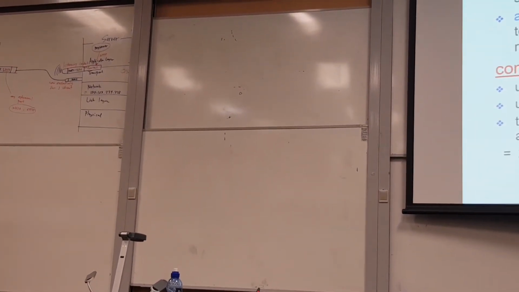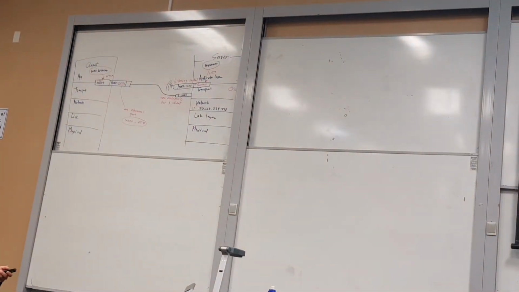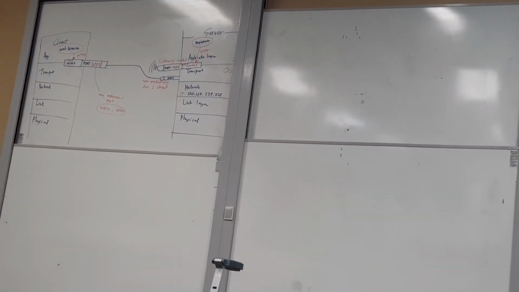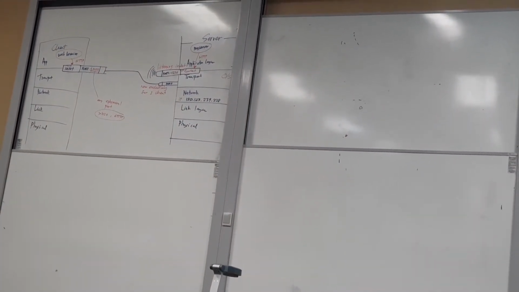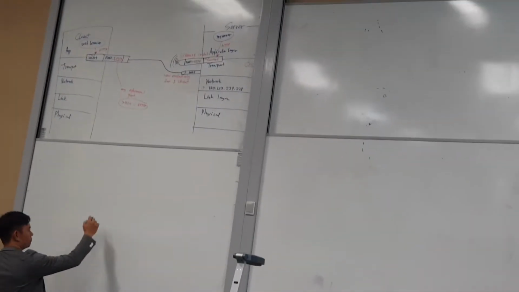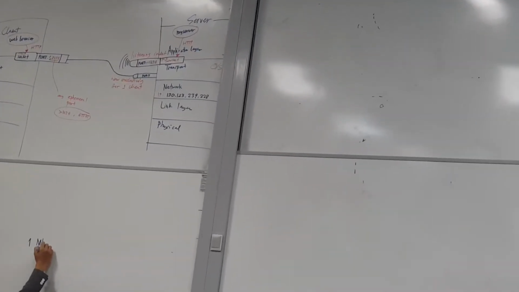Okay, first, we're given that the object requested by these clients comes with an average object size of 1 megabit per request.